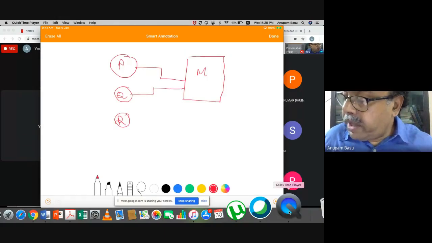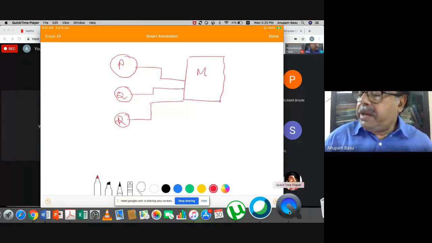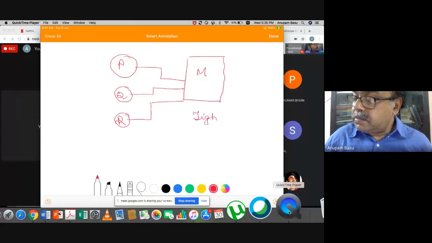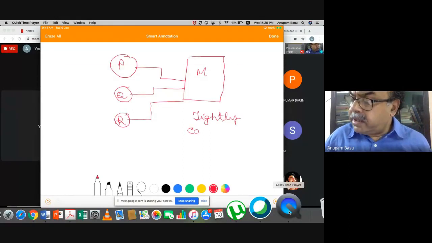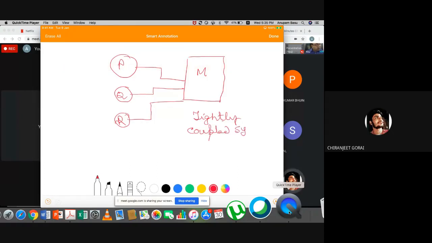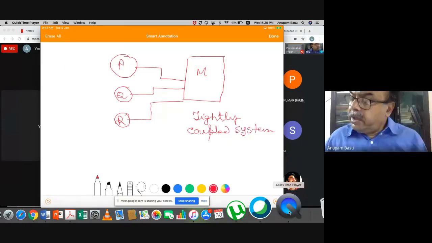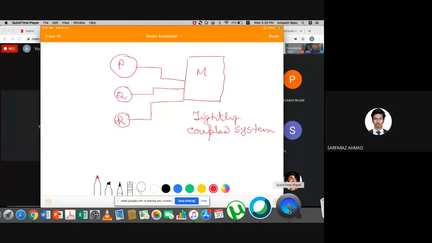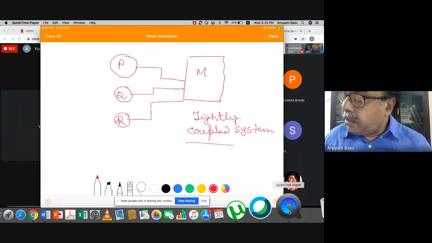Although they have got local memory, ultimately the thing is shared in the shared memory. This is known as a tightly coupled system. You're in which year? Third year. So in computer architecture, you have done. So it's a tightly coupled system.